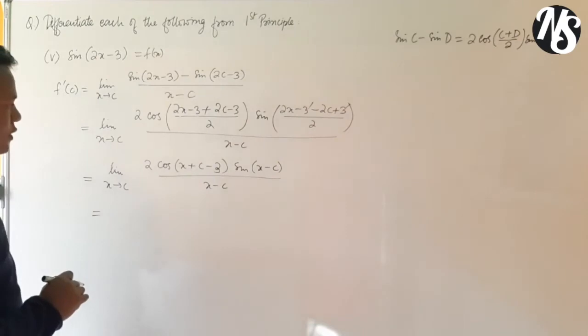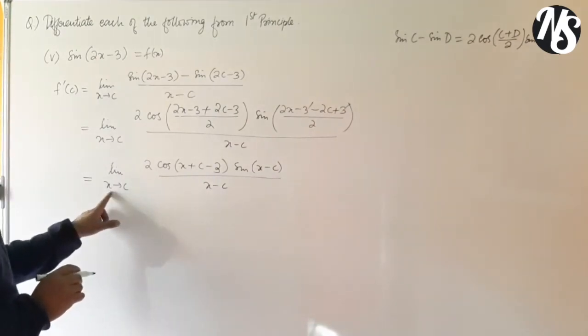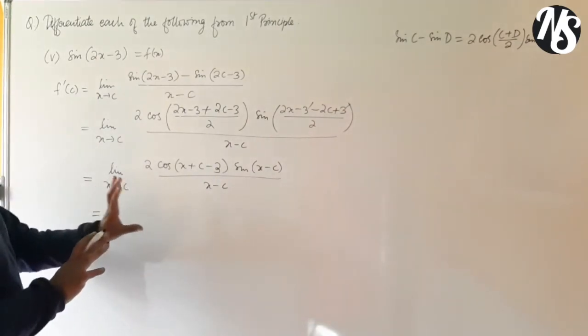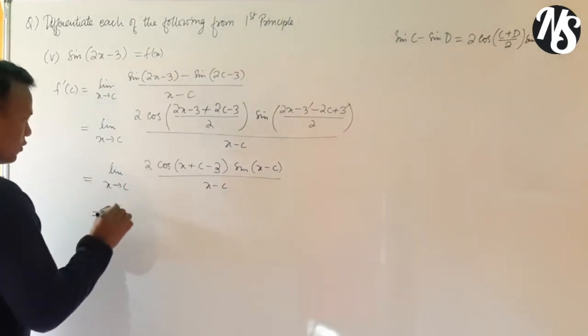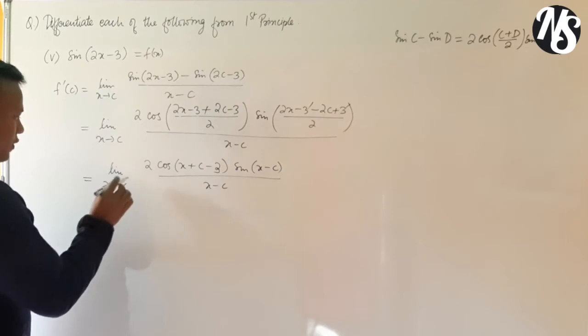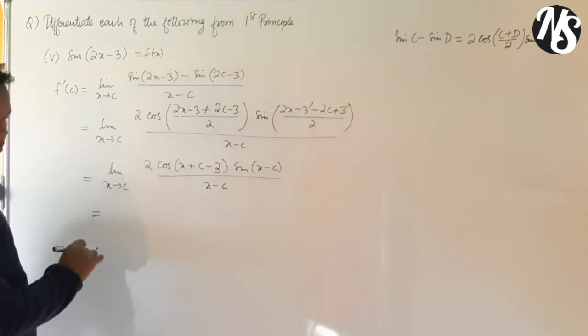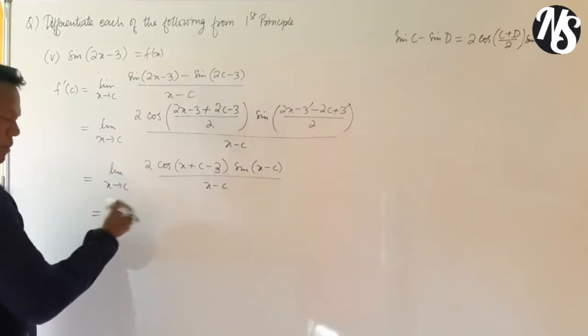Now what you can do here is, instead of changing into 0, you can work with this much also. Now what we are going to do is separate this limit in two parts. 2 is a constant, so it will be kept outside.